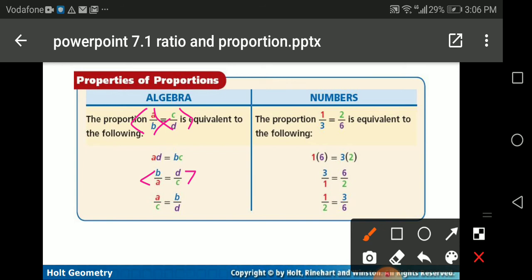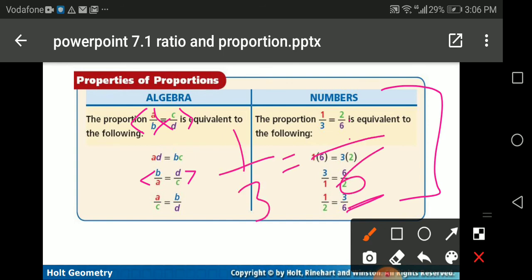Let's talk about numbers here. The proportion 1 over 3 is equivalent to 2 over 6, right? What I do here: 1 over 3, and I have 6 in the denominator. 3 multiplies what gives me 6? 3 multiplies 2 gives me 6, so what I do down in the denominator, I do up: 1 multiplies 2 gives me 2.